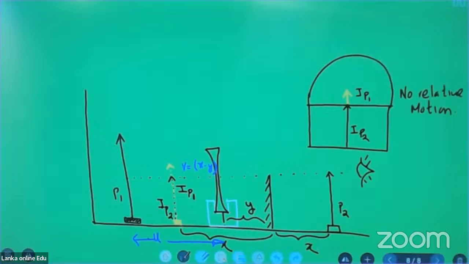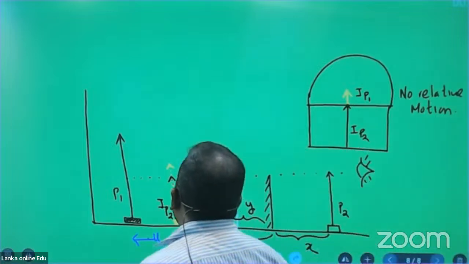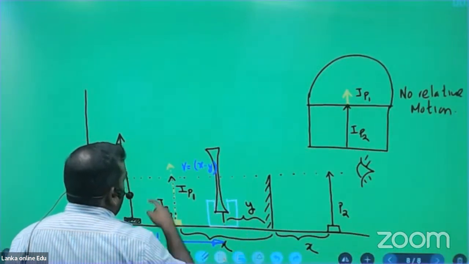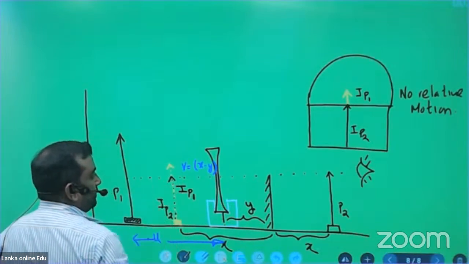Use a tall pin P1. This will give you a diminished taller image. Guarantee this is the method. You have used a taller pin here, you get a taller image there.